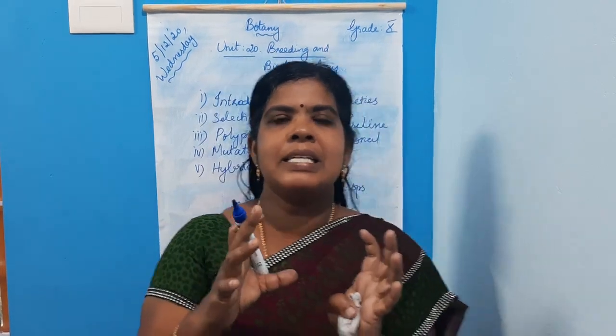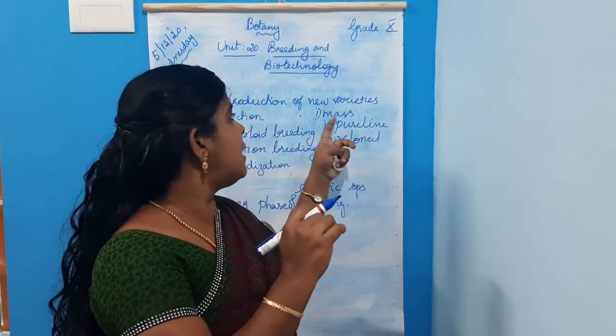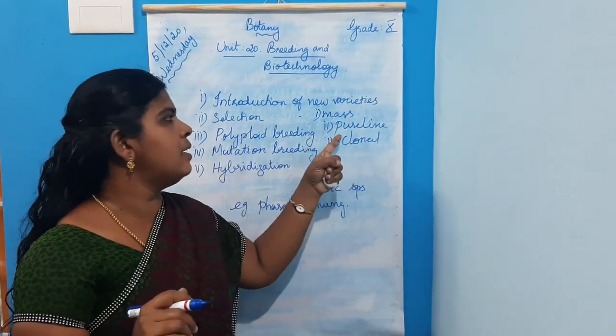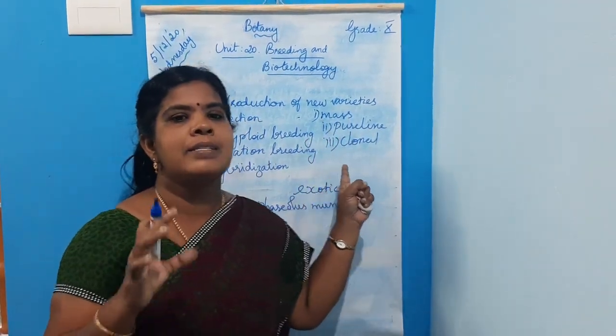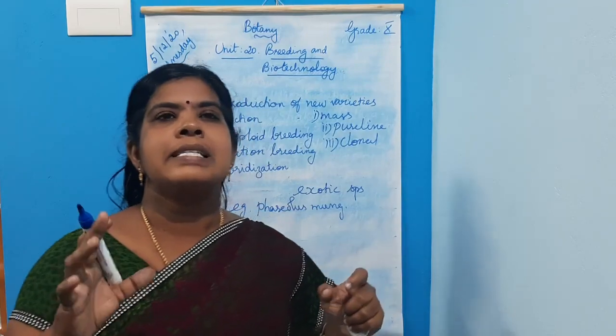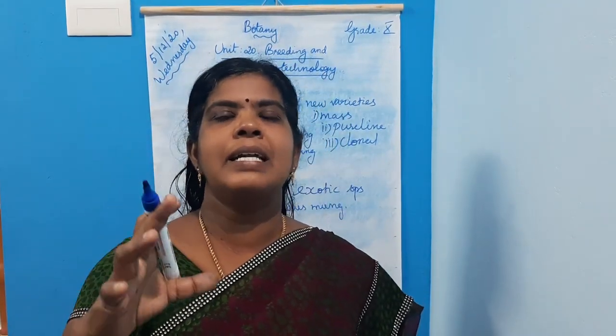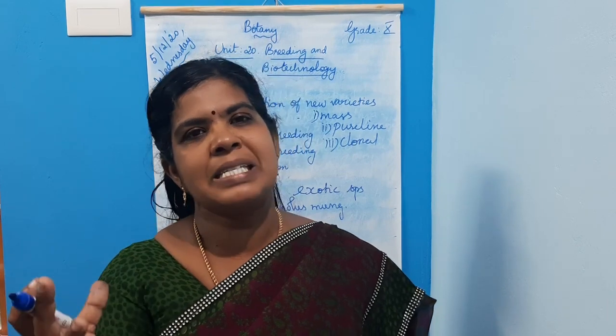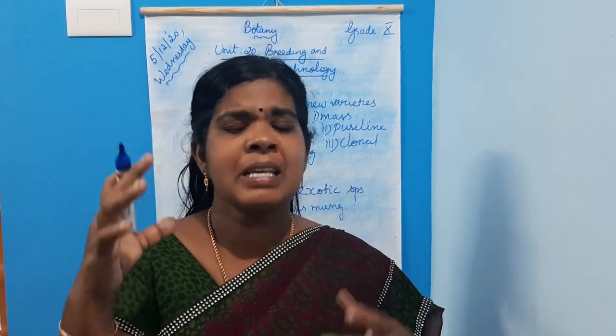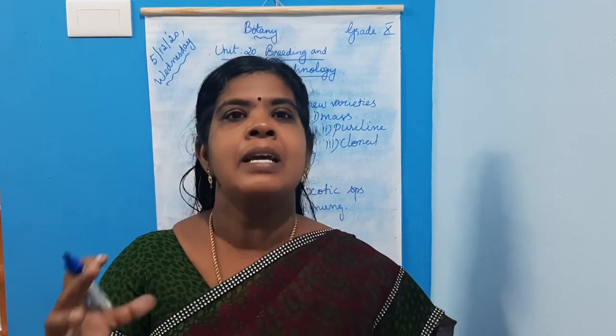So what are the types of selection? Mass selection, pure line selection and clonal selection. In mass selection, seeds of the best plants showing desired characters are selected, and if some plants show unwanted characters, they will not be selected.